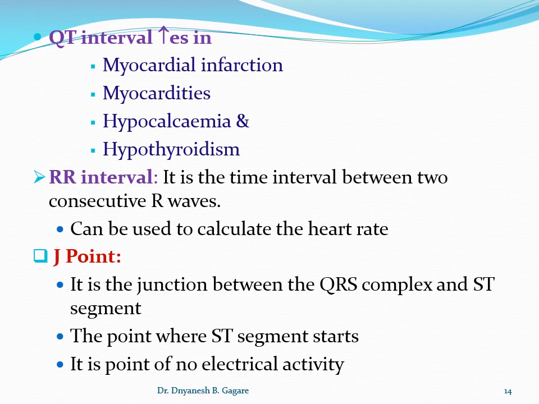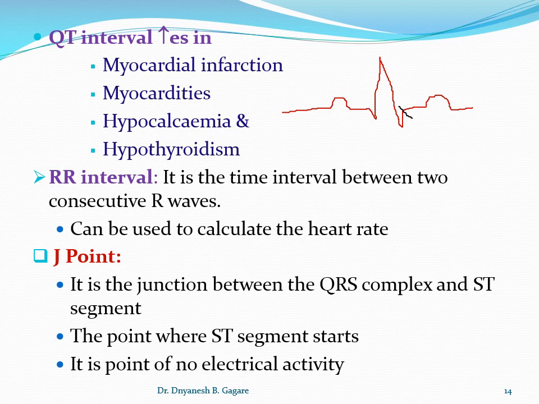See in the diagram. Suppose this is an ECG. This is a P wave. Then the QRS complex. And then a T wave. So here, where is the J point? The J point is exactly here.